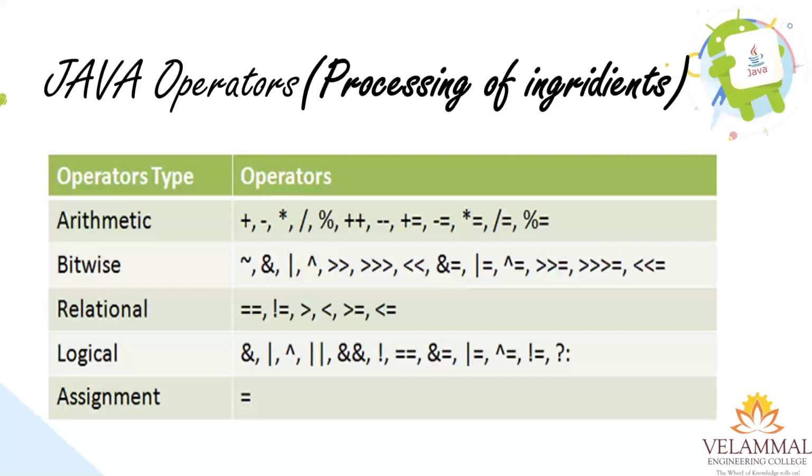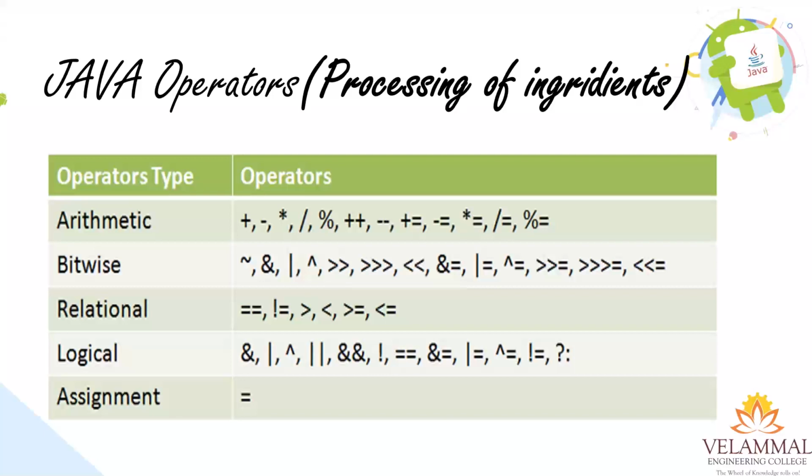The same way it goes for, so true and true is true and the rest all is false. In terms of OR, the table is exactly like if it is false and false, it's false, and for all other cases it's true. So that's how the logical statements actually work.